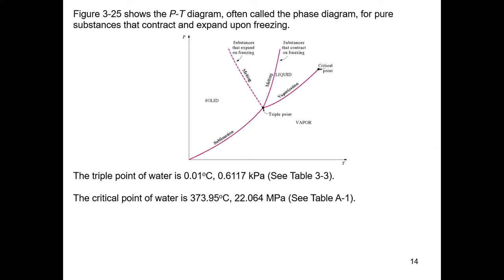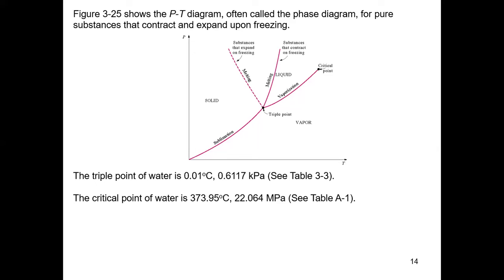The triple point of water is 0.01 degrees Celsius, see table 3.3. And the critical point of water is 373.95 degrees Celsius.